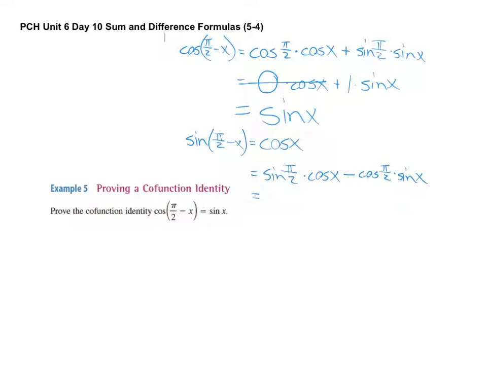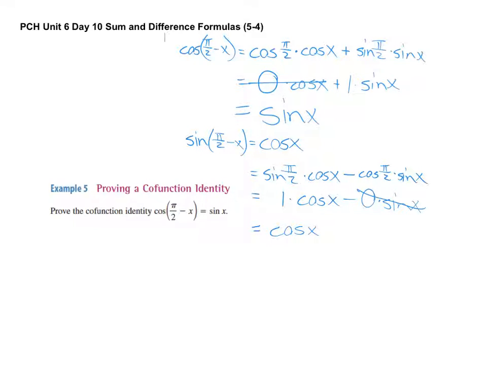What's sine of pi over 2? It's 1. So 1 times cosine of x. What's cosine of pi over 2? 0. Times sine of x, which of course is all 0, and we have just cosine of x. So we proved that one as well. We could have done either of those.